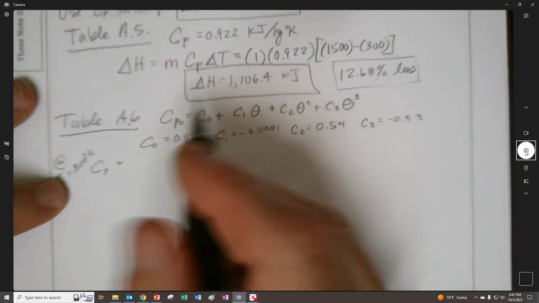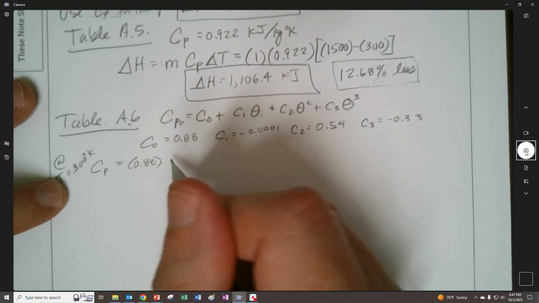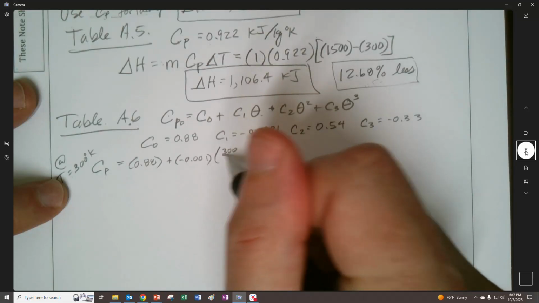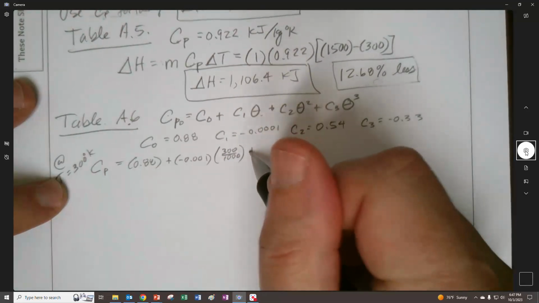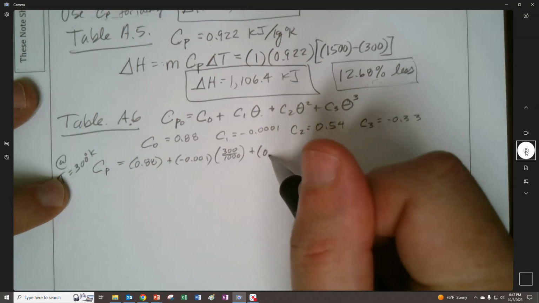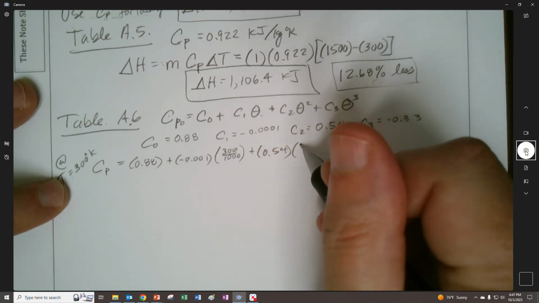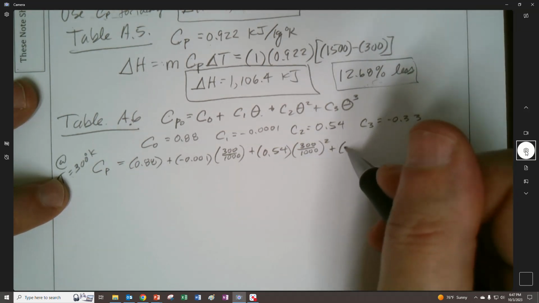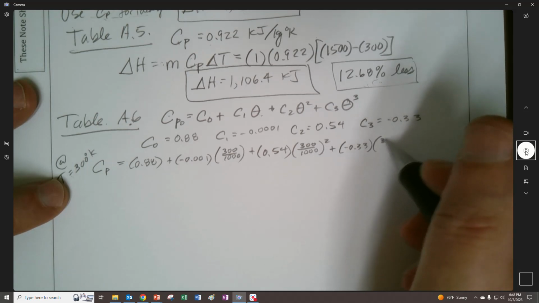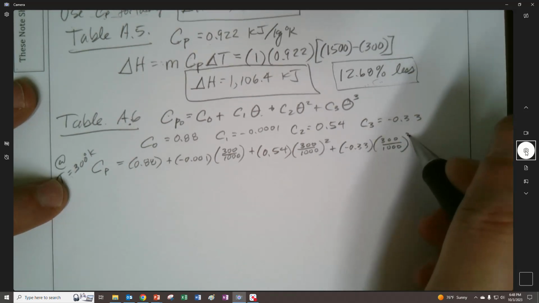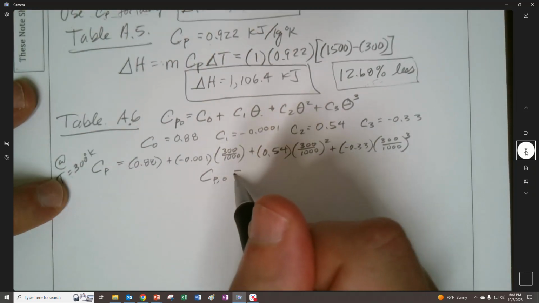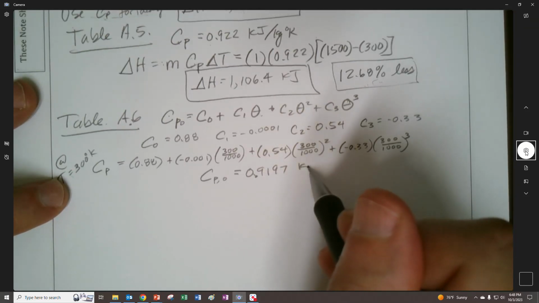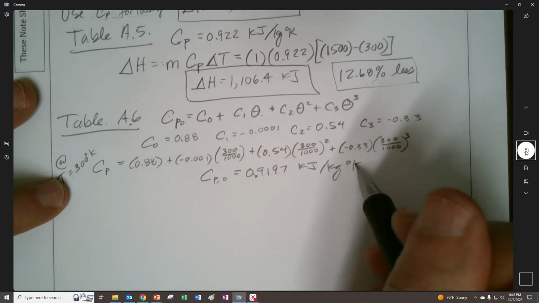We will write out C0 0.88 plus negative 0.001 times our 300 divided by 1,000 plus C2 0.54 times 300 divided by 1,000 squared, and then plus negative 0.33 times 300 divided by 1,000 cubed, and we get a Cp0 of 0.9197 kilojoules per kilogram degree Kelvin.